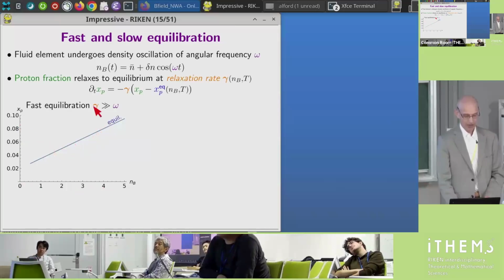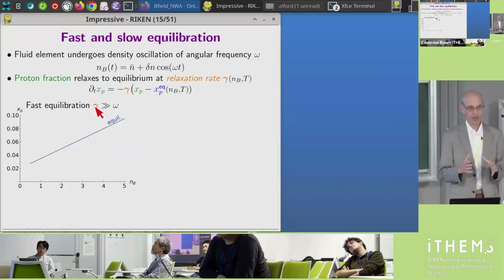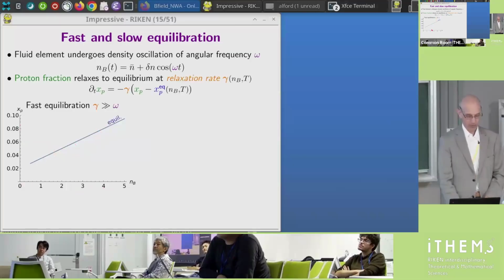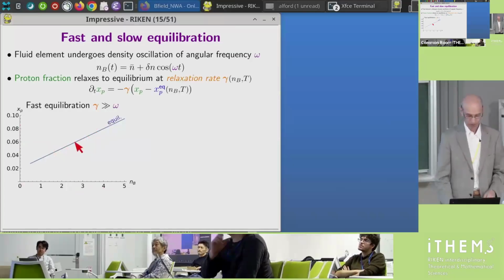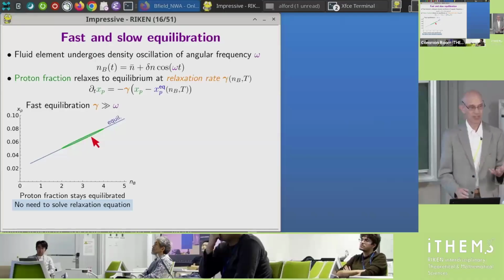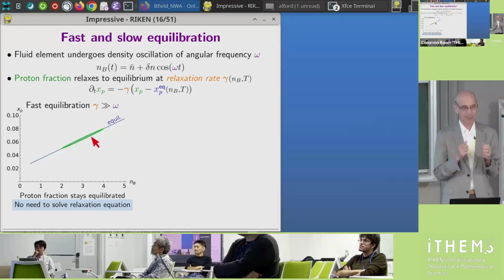If the equilibration is fast, then when you subject this fluid element to an externally imposed density oscillation, this delta n cos omega t, what path is the fluid element going to follow on this diagram? Well, I think you can probably guess it's going to go back and forth along the equilibrium line, because gamma is fast, so relaxation is fast. When you compress it, it instantly re-equilibrates.